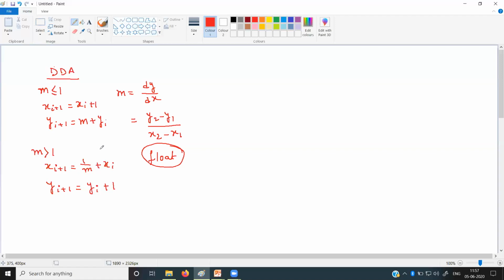One thing you can say is what is the advantage of the DDA. If you compare the derivation between these two algorithms, you can see that the DDA line drawing algorithm is quite simpler than the Bresenham line drawing algorithm, and DDA is also faster.